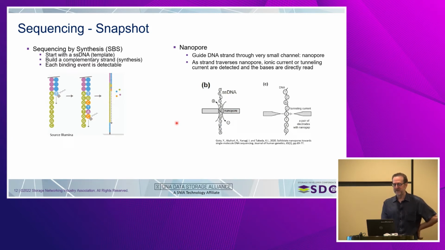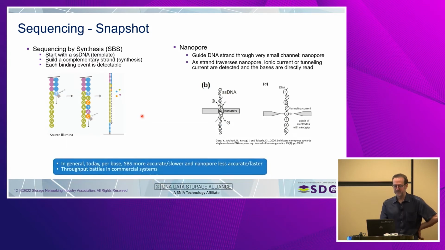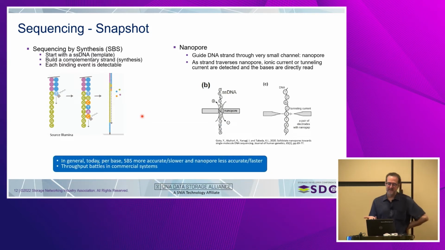So there's a great deal of energy going into this. Oxford Nanopore has a product here. Illumina is the biggest, and there are many vendors doing SBS. In general today, SBS is more accurate and slower, which is more appropriate maybe for medical and the traditional uses of DNA technology. And Nanopore, on a per base basis, is slightly less accurate, but faster per base. But for the throughput of the systems, there's a battle going on in terms of which is better.